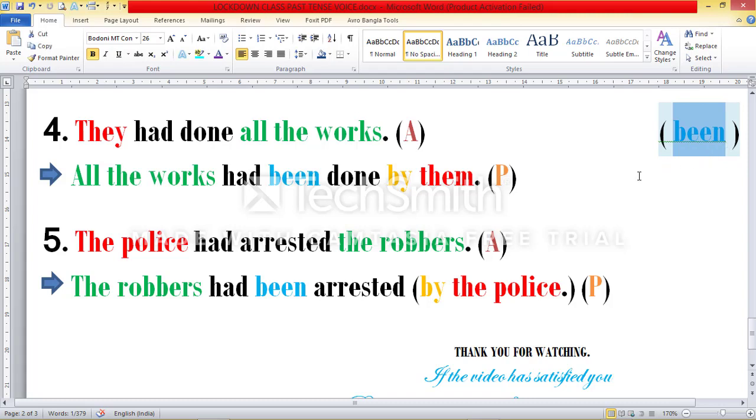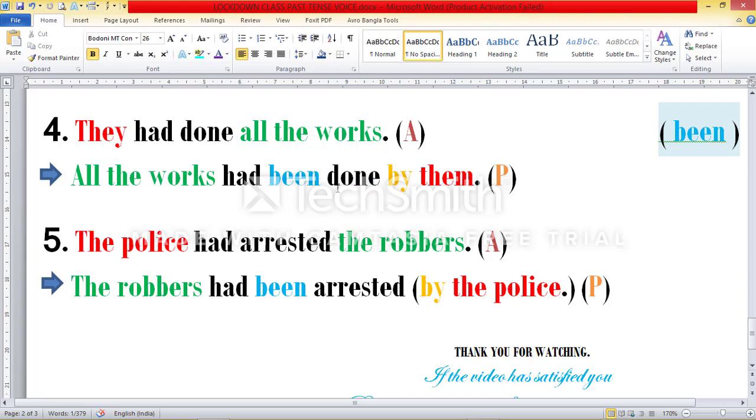So as the sentence is of past perfect tense, so been will come here. In case of past perfect tense sentence, been comes in passive form. Then after writing been, we have to put the third form of the verb, which is already given in case of past perfect tense. So after been, done has come here.